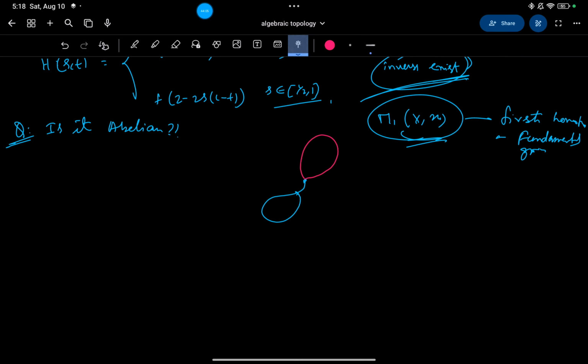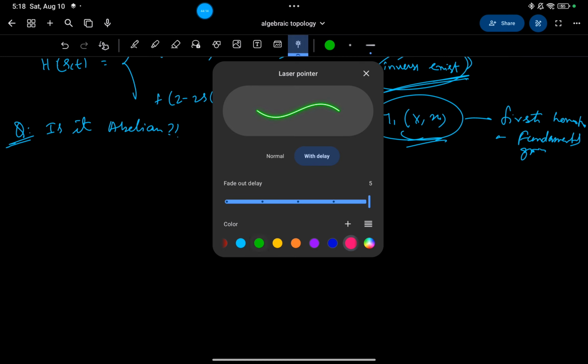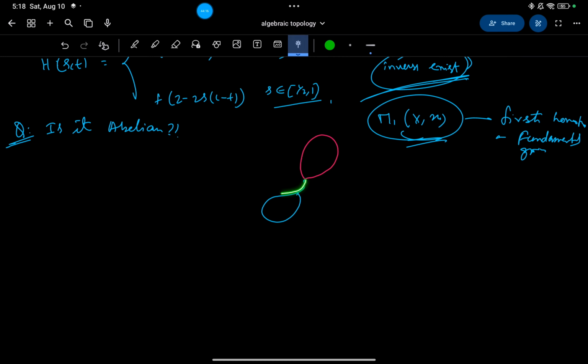Once you traverse this particular loop, then again traverse the other one, and in the reverse direction, if you first traverse this one and then the other, both are not the same. So every time it may not be equivalent to each other. Okay.